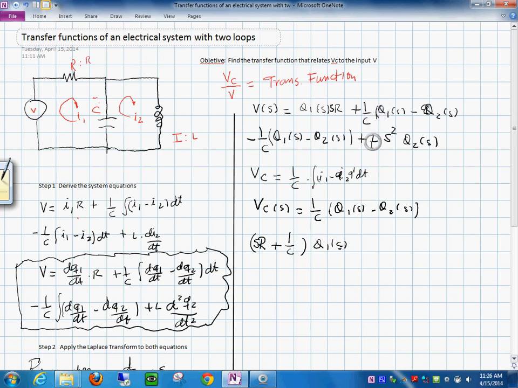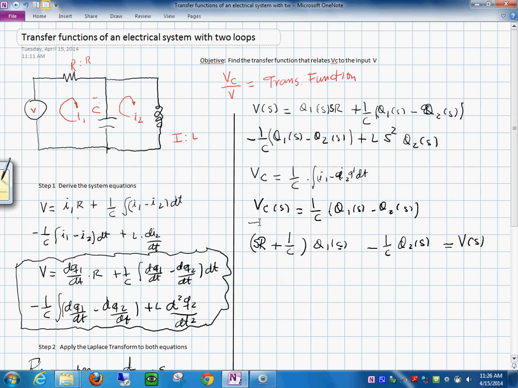And then we have to put Q2, minus 1 over C times Q sub 2 of S like that. And then this is equal to V of S.